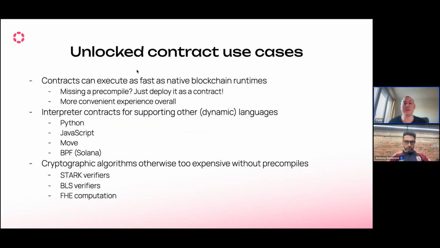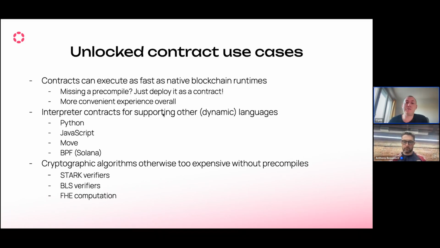This unlocks new use cases that are so far not really possible. Instead of a parachain, you can write your code as a contract once the JIT compiler is available, because it will execute at around the same speed as your native WebAssembly code, if the startup overhead is feasible for you.